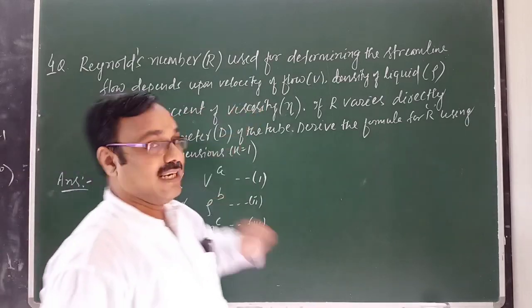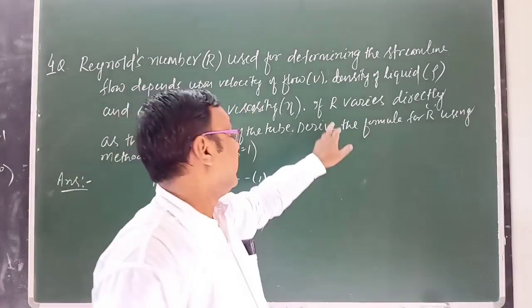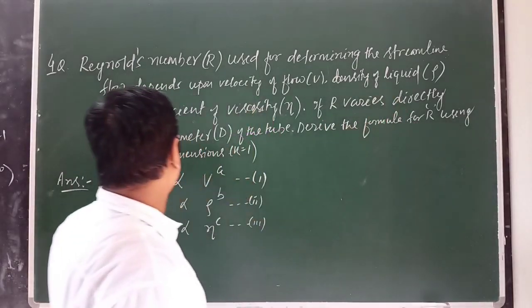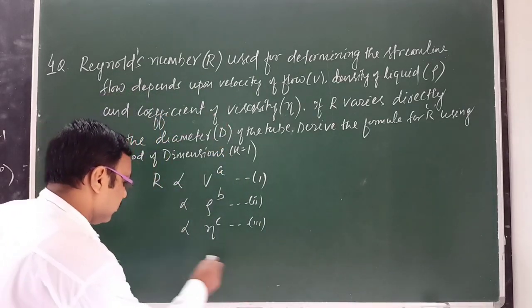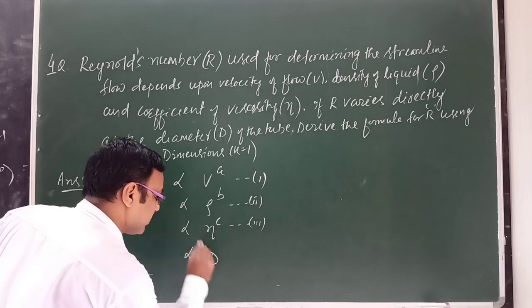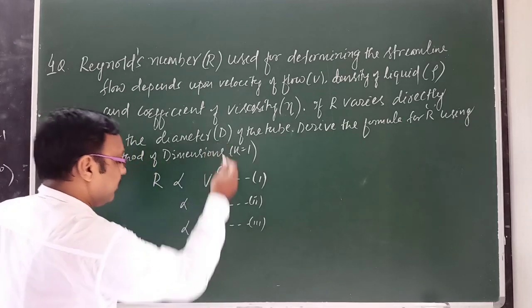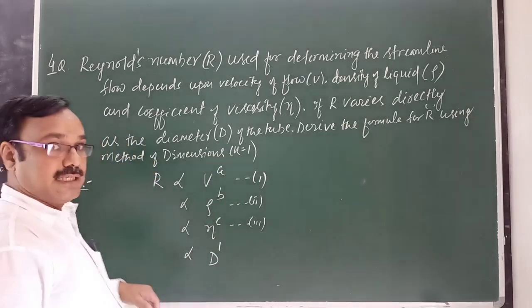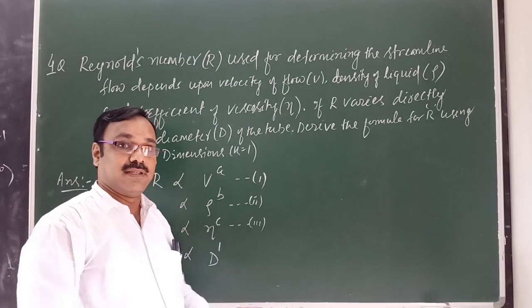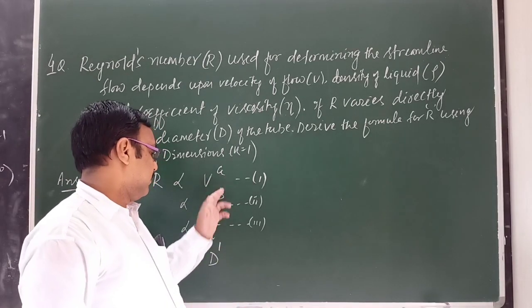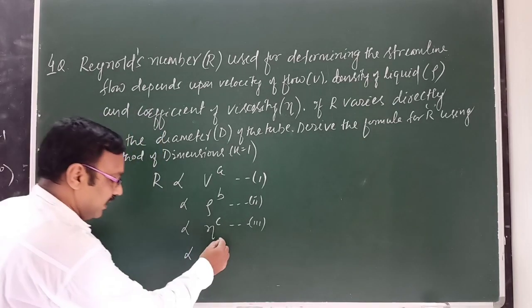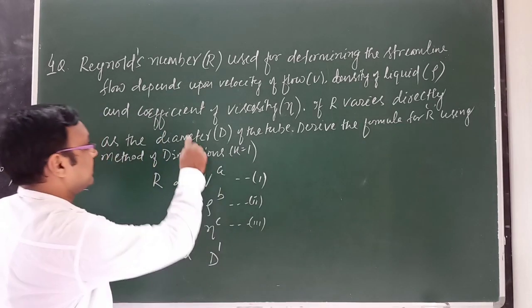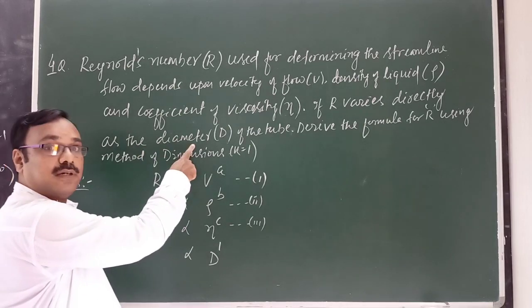And finally it is given that R varies directly on the diameter D. Diameter D means it is directly proportional to D to the power, simply we take 1, because as per the limitation of dimensional analysis, more than these 3 physical quantities we cannot use. So I am taking its power as 1 because it is also directly proportional to the diameter.